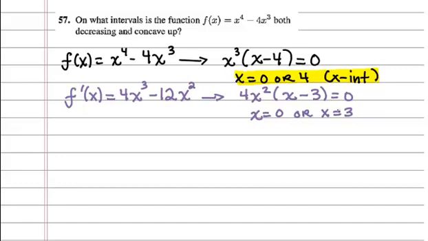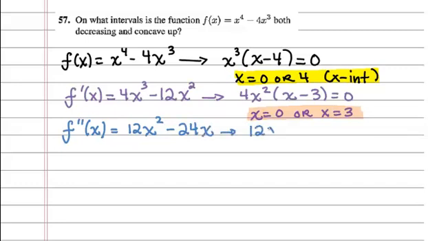And then finally, we're going to analyze our second derivative to help us gather some information about concavity. And so let us take the second derivative, which would be f double prime of x is equal to 12x squared minus 24x.